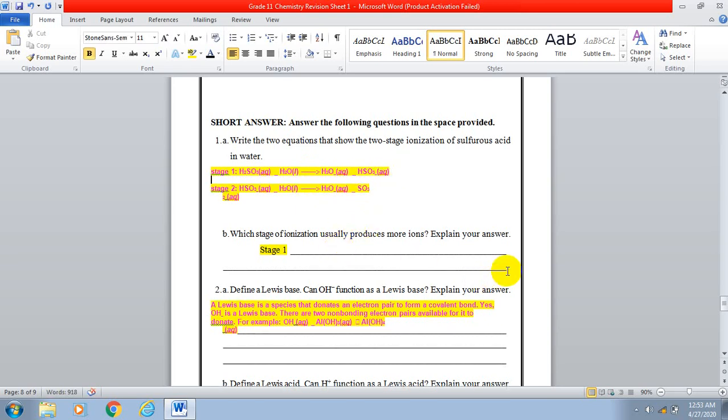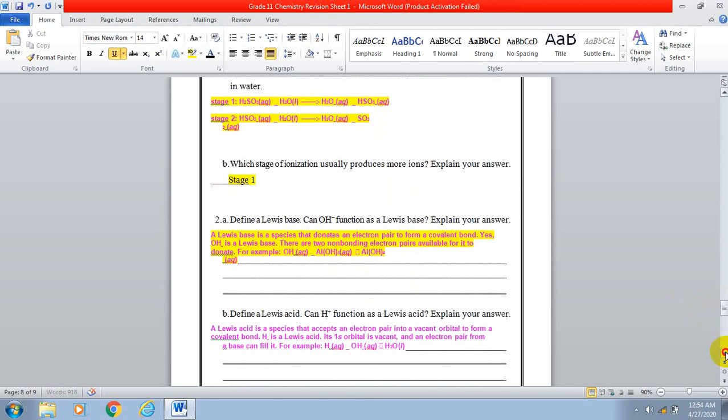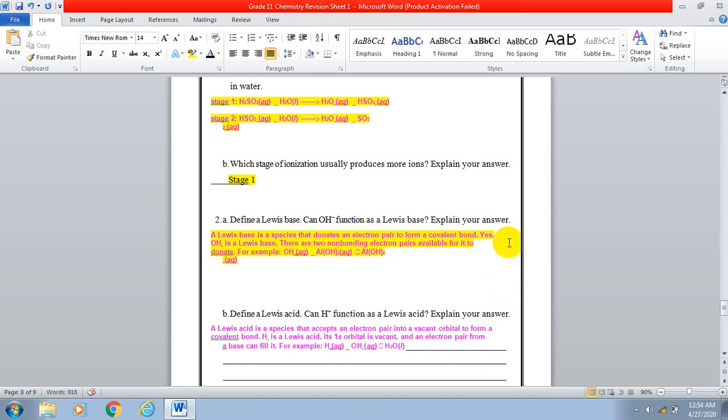Now this is stage 1. Let me make it bold or underline it so you will get a clear idea. Just remember, these are all definitions that we studied.